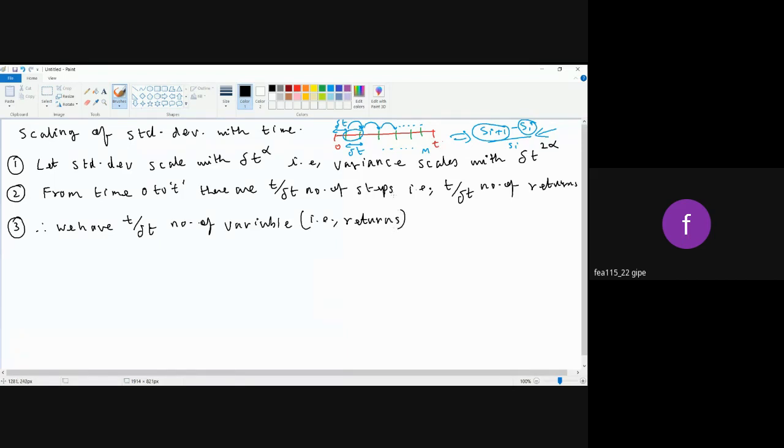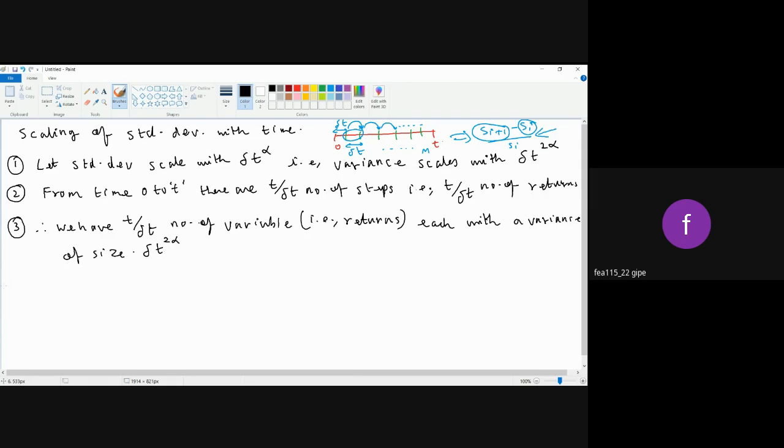I don't know what the return is going to be, since that depends on the evolution of the stock price. So I can call that a variable. So these number of variables are each with variance of size delta t raised to 2 alpha.